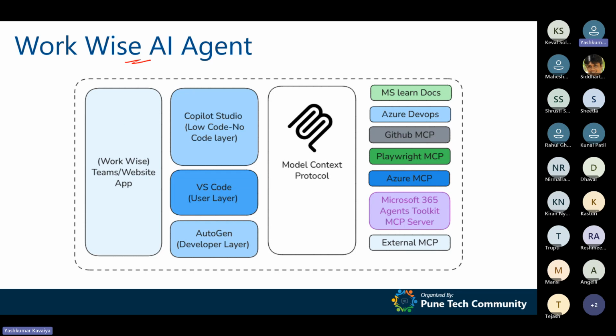So hypothetically I give the name Workwise, and which layer are we working in? I think before my session, two speakers mentioned AutoGen and Semantic Kernel. If we are developers creating this type of application, AutoGen easily integrates with MCP. We can use whatever predefined MCP servers are available in the market.